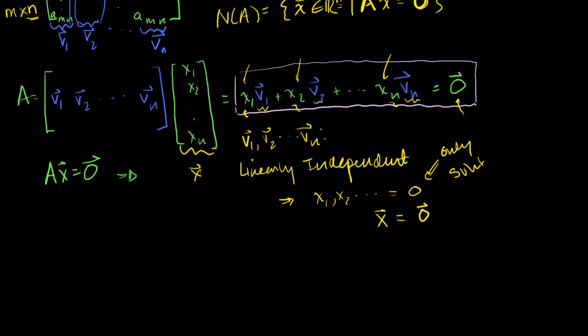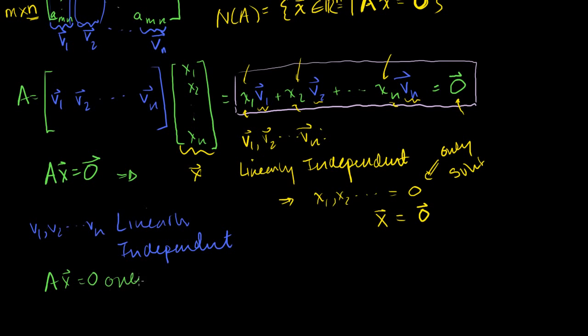If our column vectors v1, v2, all the way to vn are linearly independent, then that means that the only solution to Ax equals 0 is that x has to be equal to the 0 vector. Or put another way, the solution set of this equation, which is really just the null space, is all of the x's that satisfy this equation.